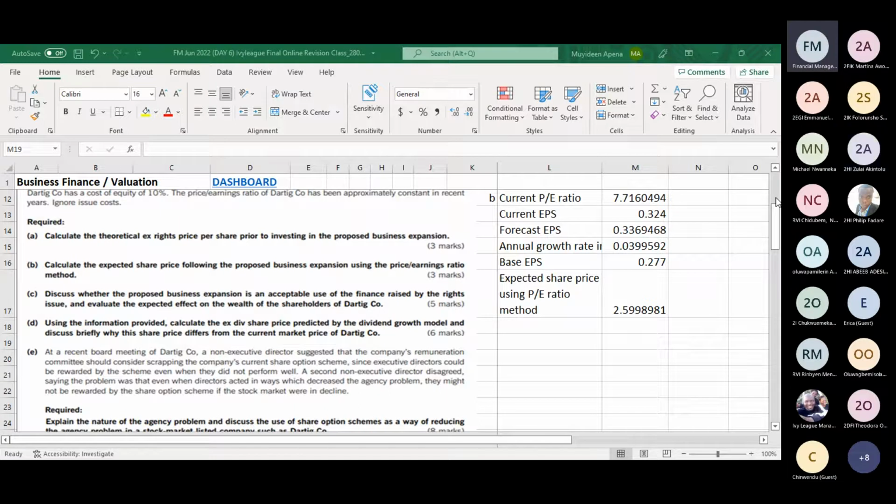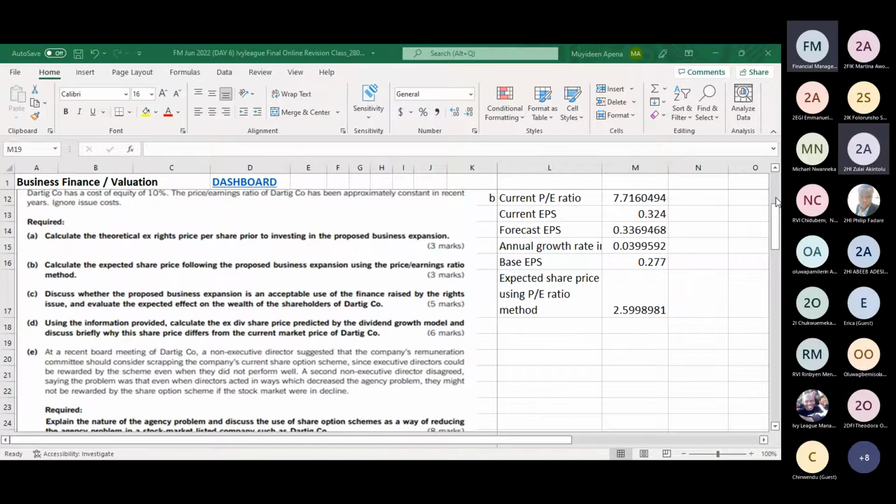Does that mean the shareholders will make a gain or a loss? That's the question you'll be asking yourself. It's a gain, because the theoretical ex-rights price we calculated is 2.4, but the new share price in the market after the expansion is 2.6.